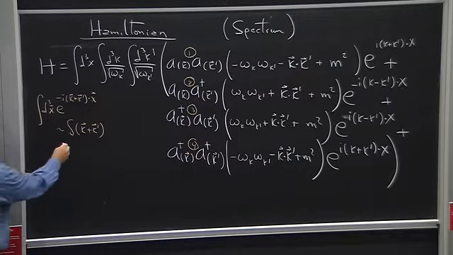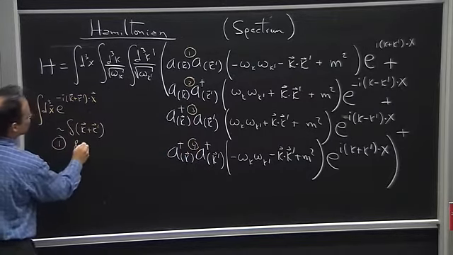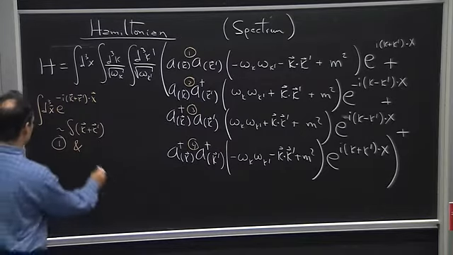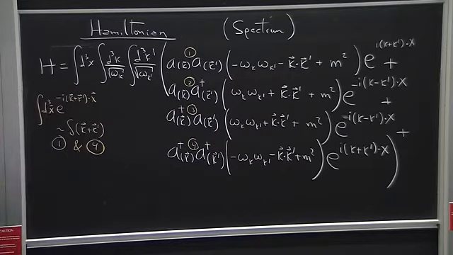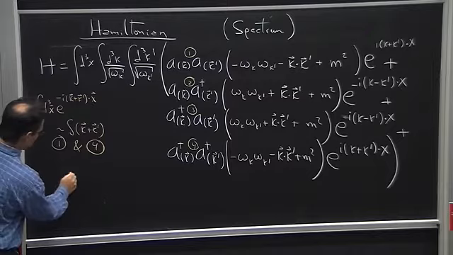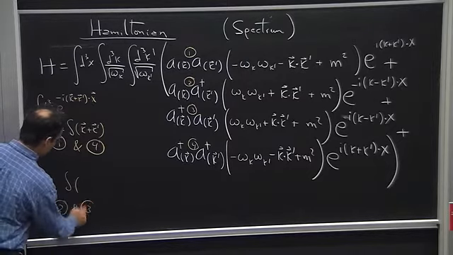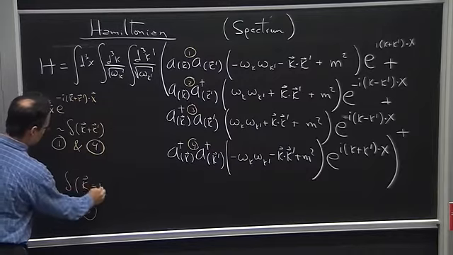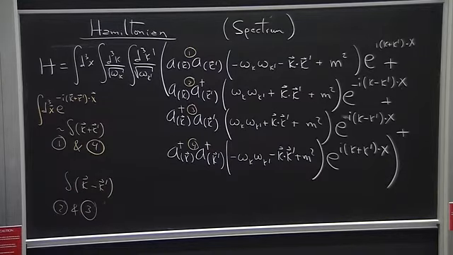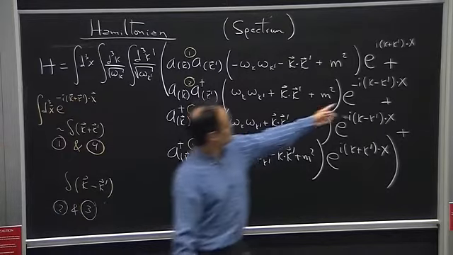The terms 1 and 4 will have this delta function. How about the terms 2 and 3? They will have a delta function of the form k minus k prime, okay? Because there is a minus sign.